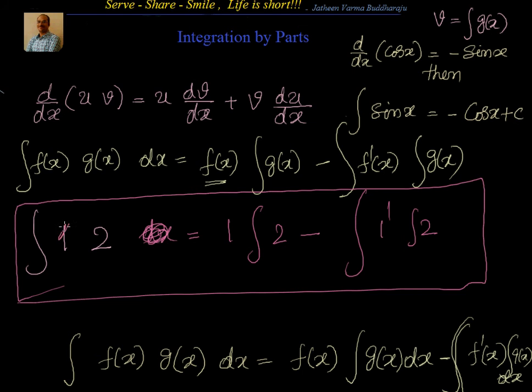So we have to identify which function is the first function, to be left alone in the first step, and that needs to be differentiated in the second step. So the integral of 1 into 2 is equal to 1 into the integral of 2 minus the integral of whatever we left earlier, which we need to differentiate. Then after that we have to do the integral. So let's look at one example and try to understand this.